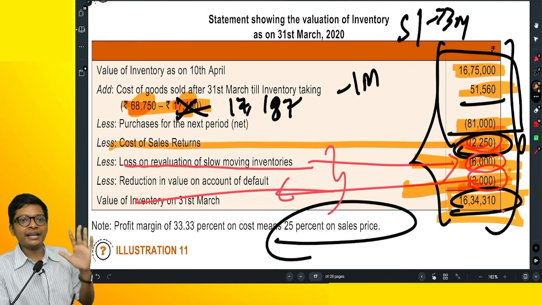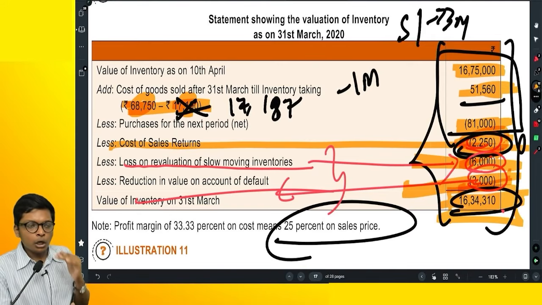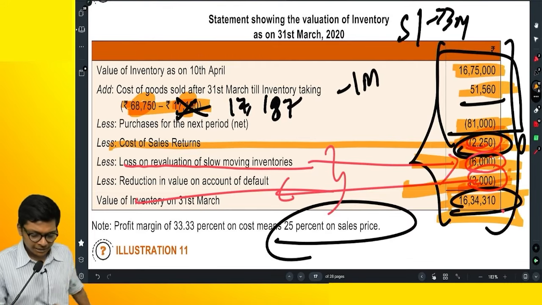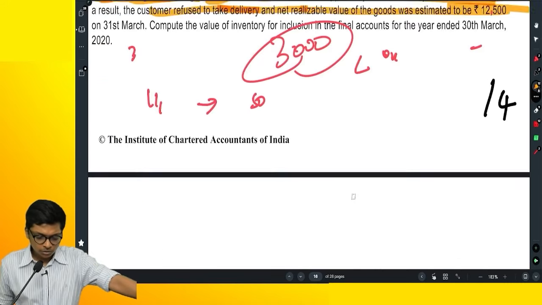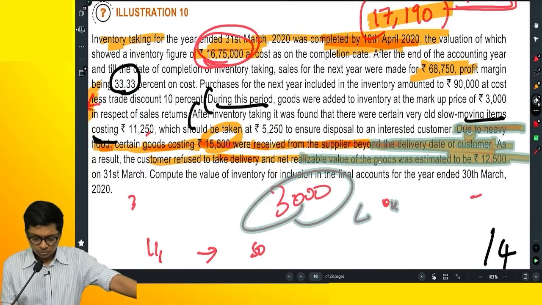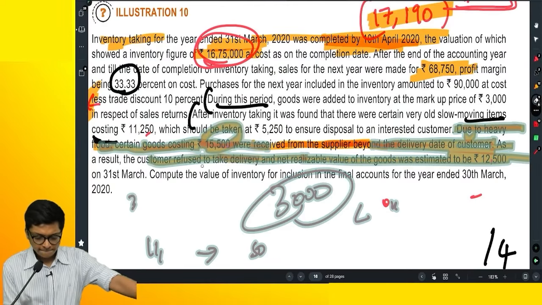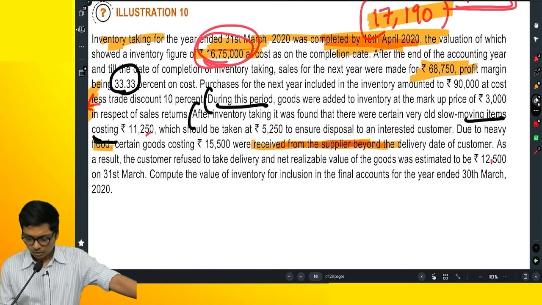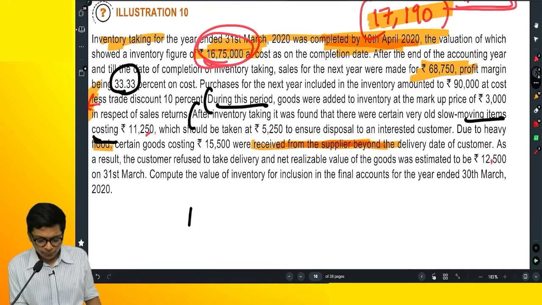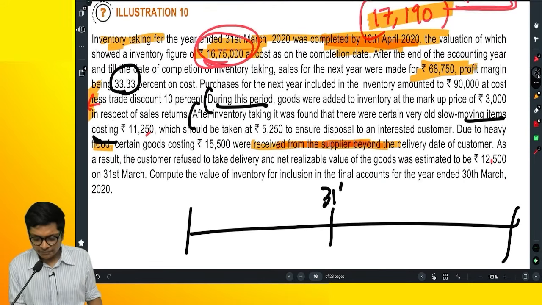Are you guys following, guys? Understanding? Now, which adjustment do you want me to repeat? Anybody? Yeah, I'll repeat the last one. Follow, guys. Let me put the timeline. This is 31st March.